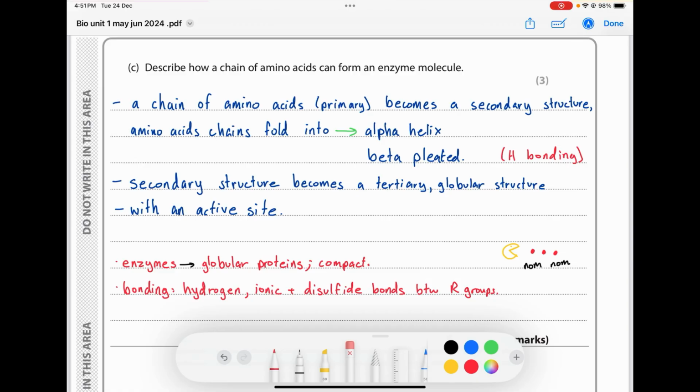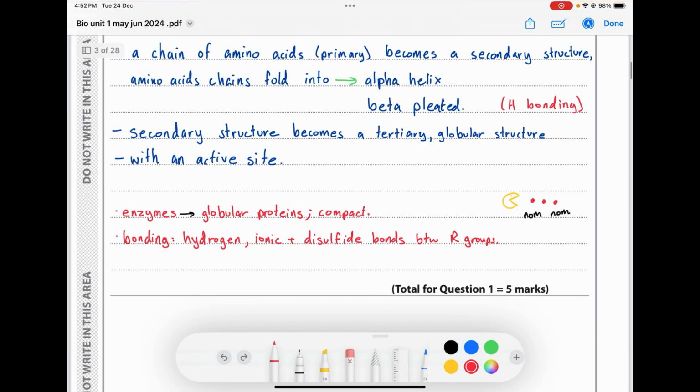The amino acid chains fold into either an alpha helix or a beta pleated sheet, with hydrogen bonding. The secondary structure becomes a tertiary globular structure with an active site.